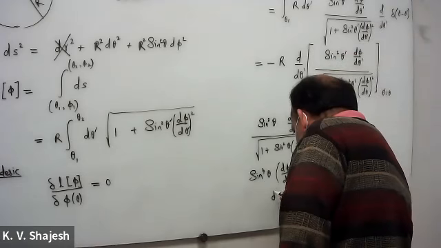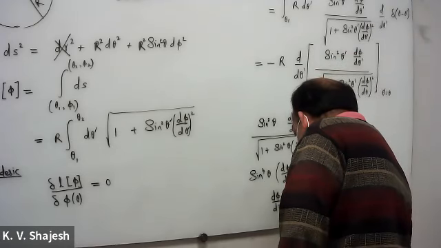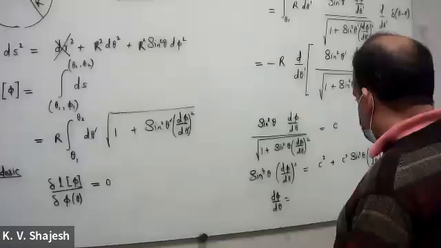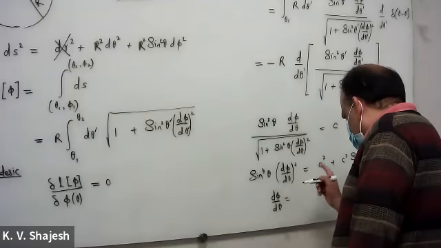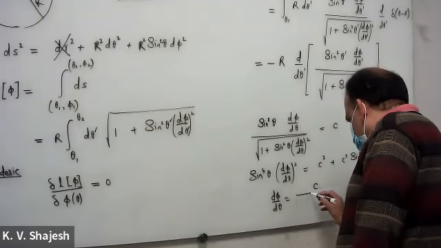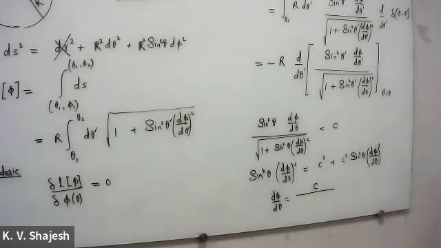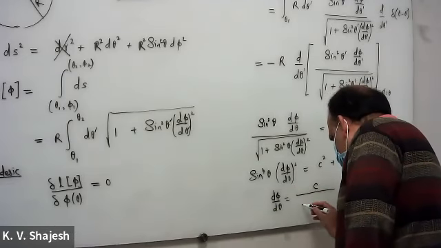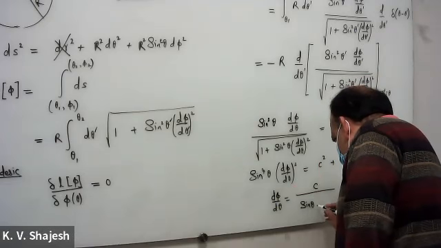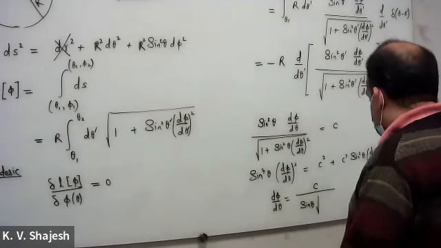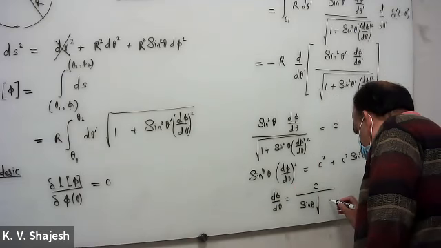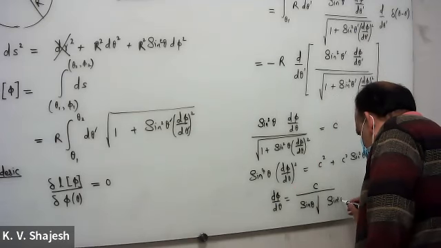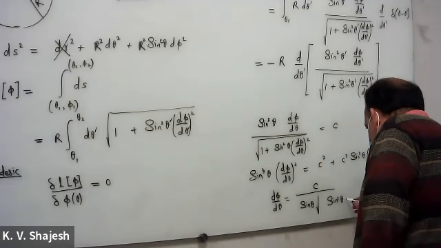So you have d phi by d theta is equal to, I take a square root, c divided by, I can take sine square theta common. Then I take a square root, so sine theta, and there is sine square theta minus c squared.